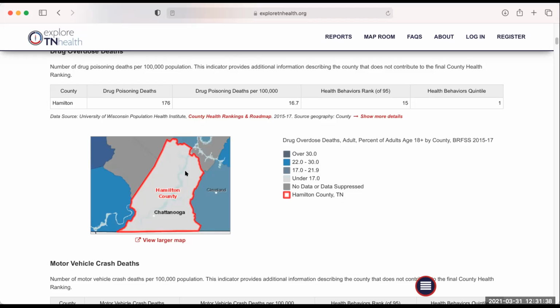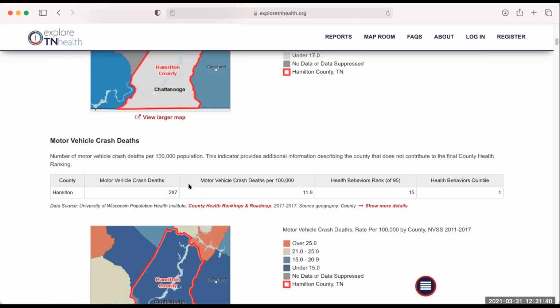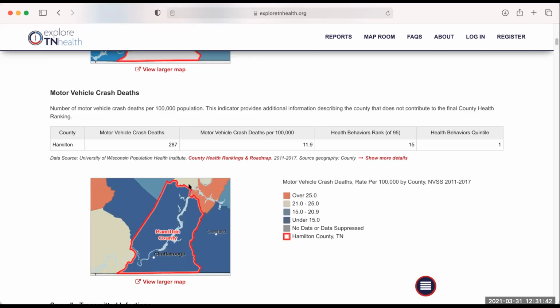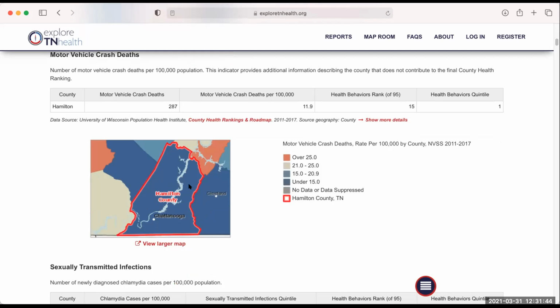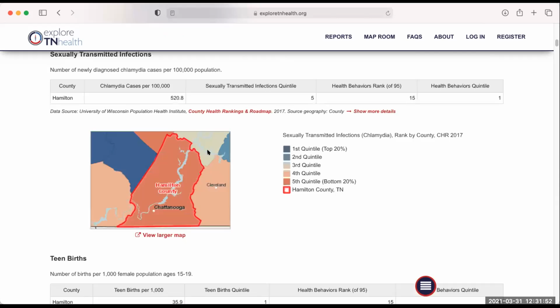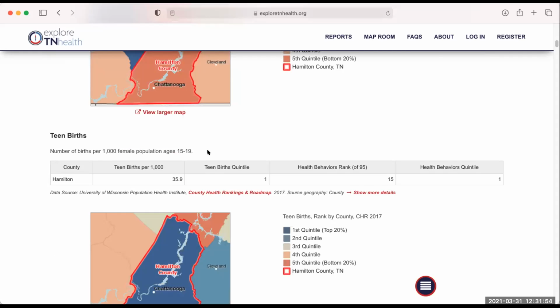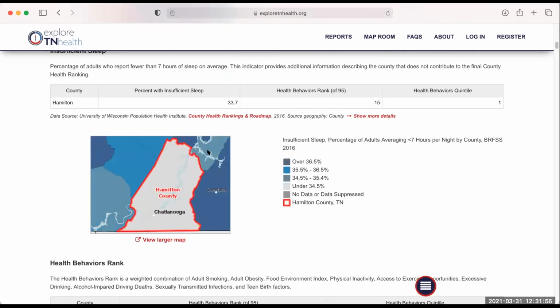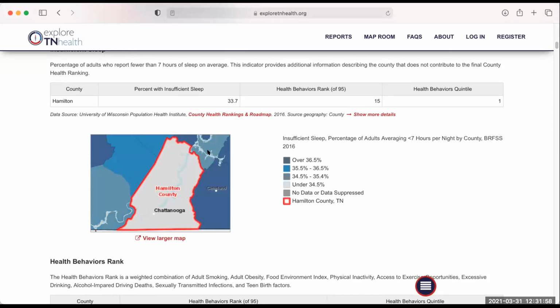Tell us which way it's bending things. Unfortunately, with the vehicle crash rate, there are a lot of more rural counties where the rate is a lot higher, and that's unfortunate. All right. You can see we've got a number of things here.